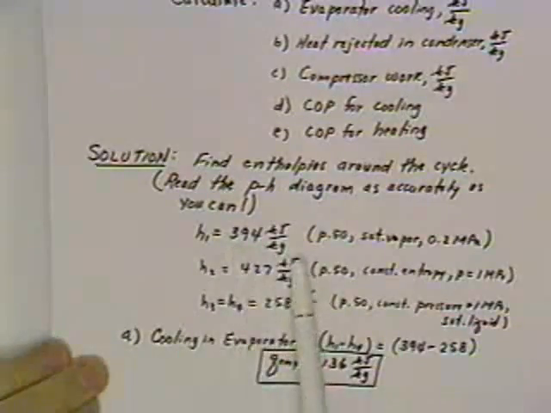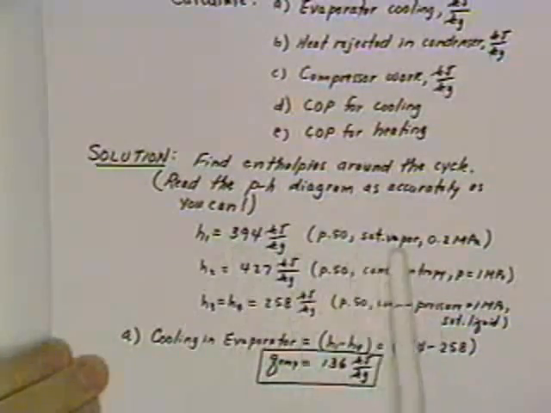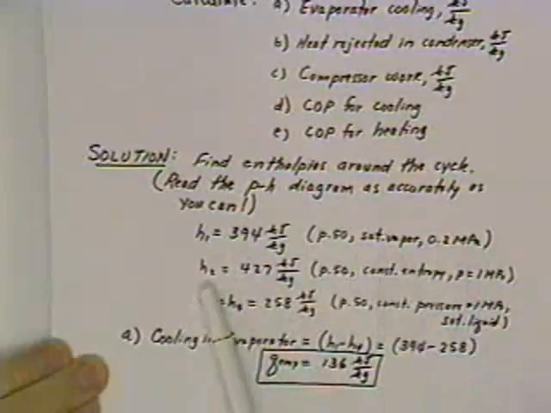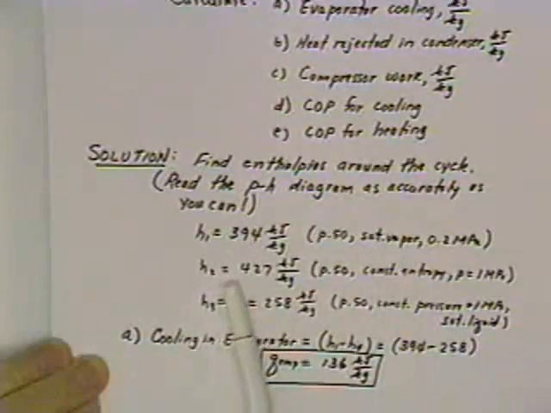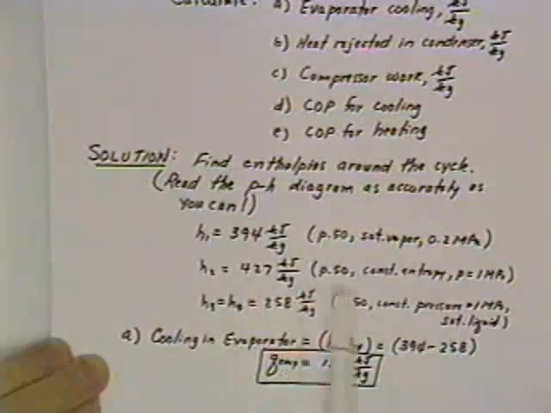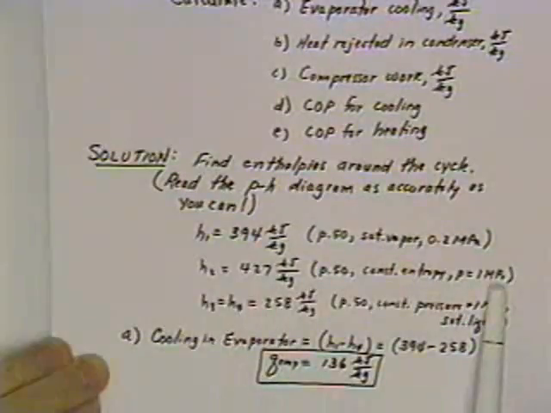H1 is 394 kilojoules per kilogram, found from the saturated vapor condition at 0.2 megapascal. H2, which is the condition leaving the compressor, the same thing as entering the condenser, I read as 427 kilojoules per kilogram, at a pressure of 1 megapascal and constant entropy.